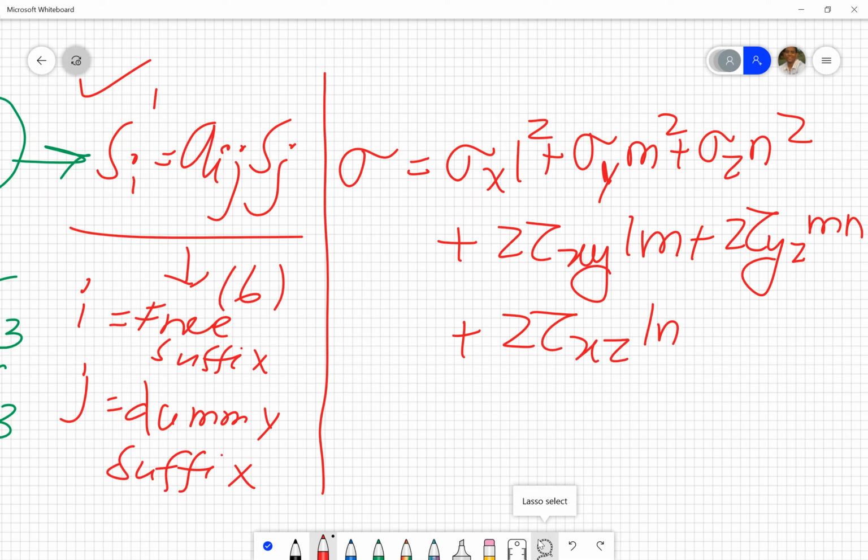So this equation is called the tensor equation, the stress tensor.